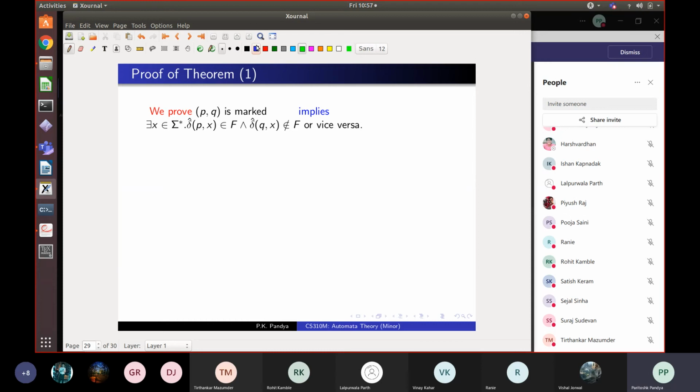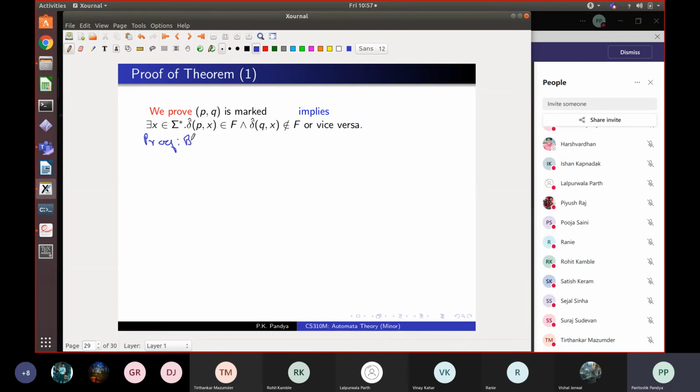So what will the proof look like? Can anybody give me an intuitive argument as to why this is correct? That at any time in the algorithm, if we mark a square, then that pair of states is separable by some string X. Well, the best way is to exhibit that string X, or we have to show the existence of such a string X. So how do we do this?